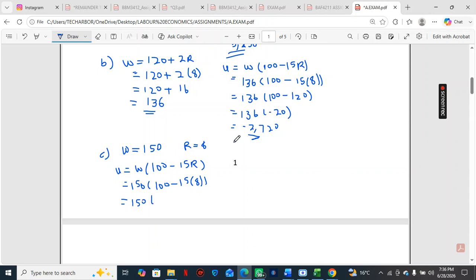So we already did this tabulation. 15 times 8, that is 120. 100 minus 120, that's negative 20. So 150 times negative 20, negative 3,000.